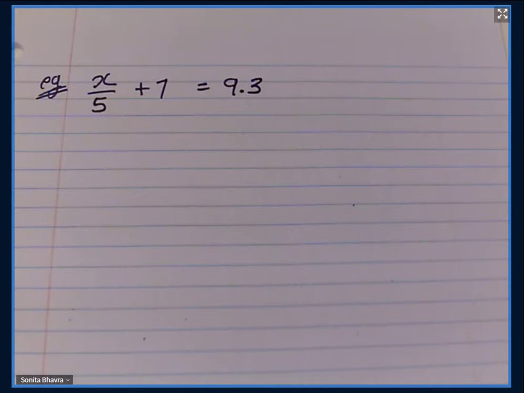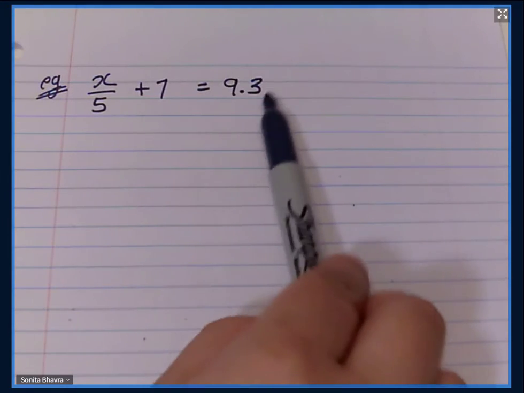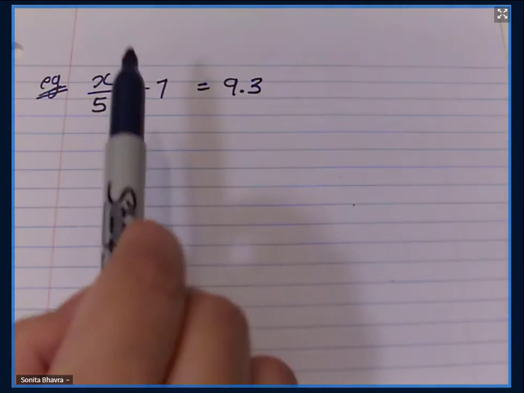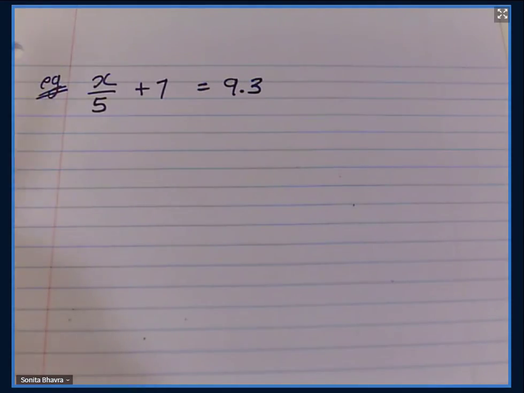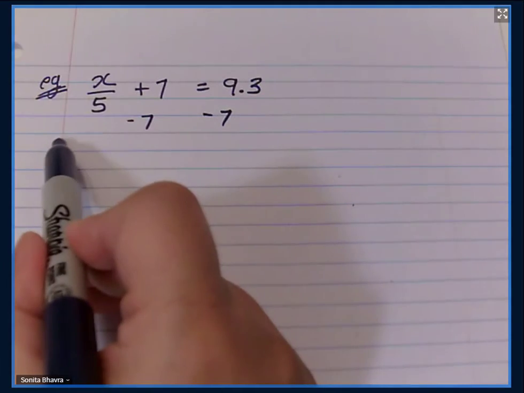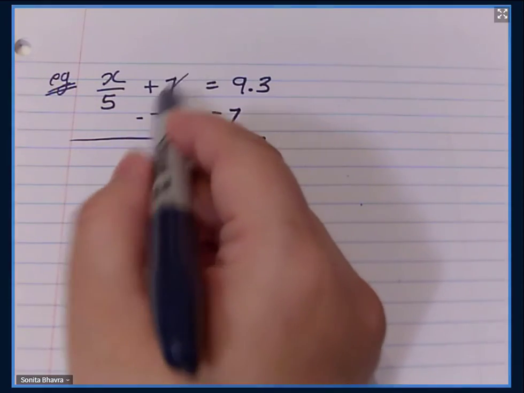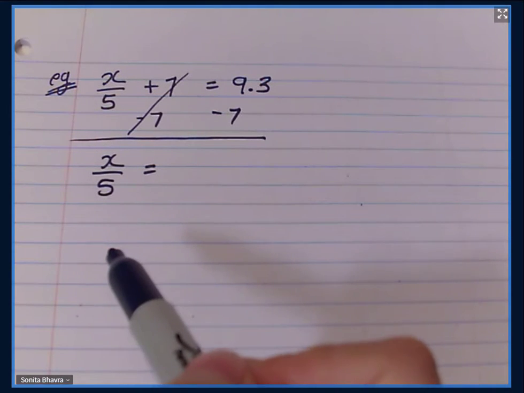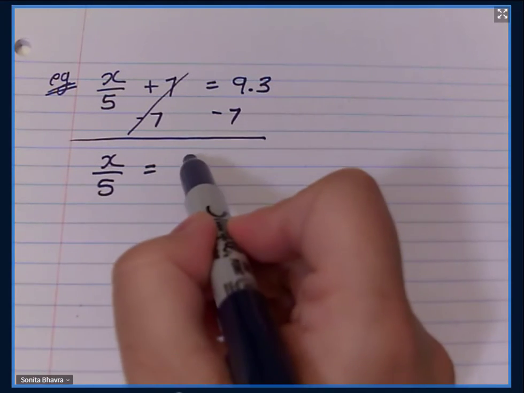All right, so our next example, we have x over 5 plus 7 is equal to 9.3. All right, so it's just got a decimal in here, but the procedure stays the same. Work with addition subtraction first. So we have adding 7 here. So the opposite of that is to subtract 7 on both sides. And that leaves us with x over 5 is equal to 9.3 minus 7, which is equal to 2.3.